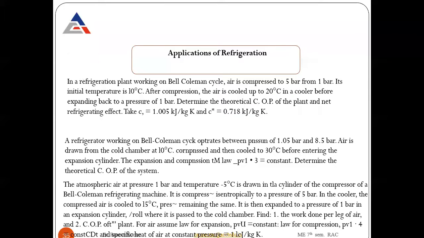Now, before solving this numerical, first of all you have to draw the PV and TS diagram.